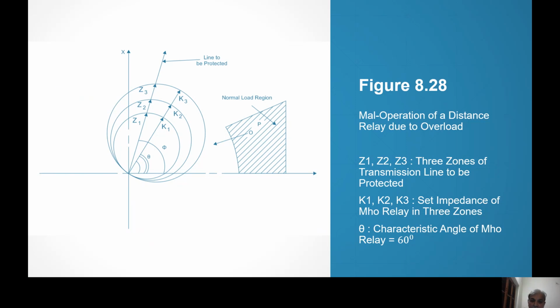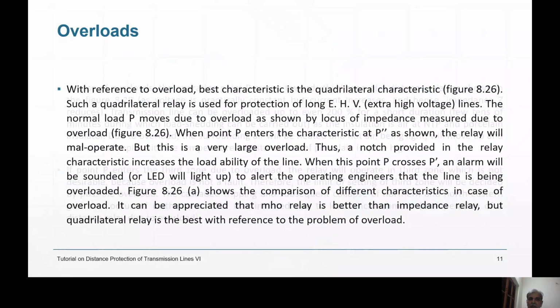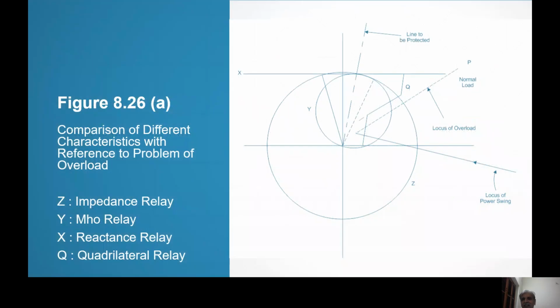So how is this problem solved? This problem is once again solved by the quadrilateral relay. How is it solved? See, this compares all other characteristics also. Point P is there. It enters the reactance relay first.